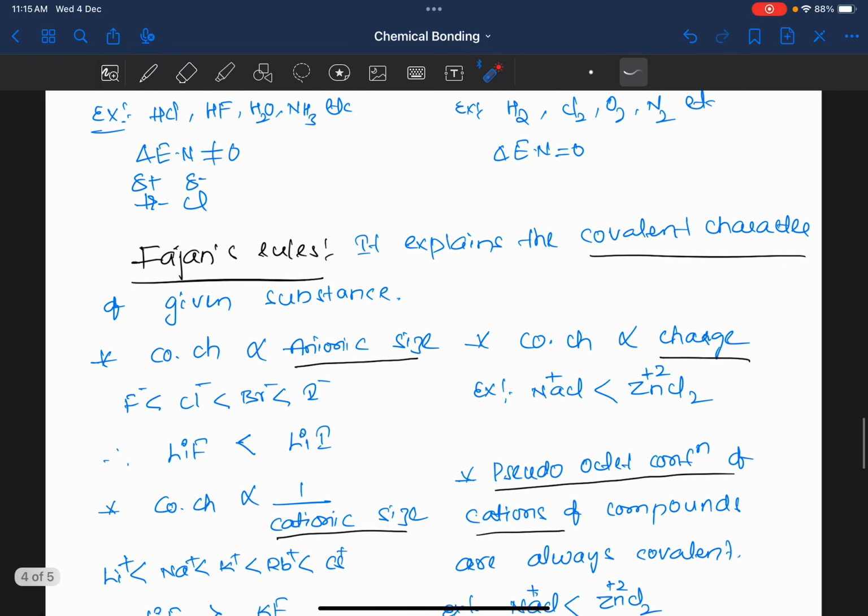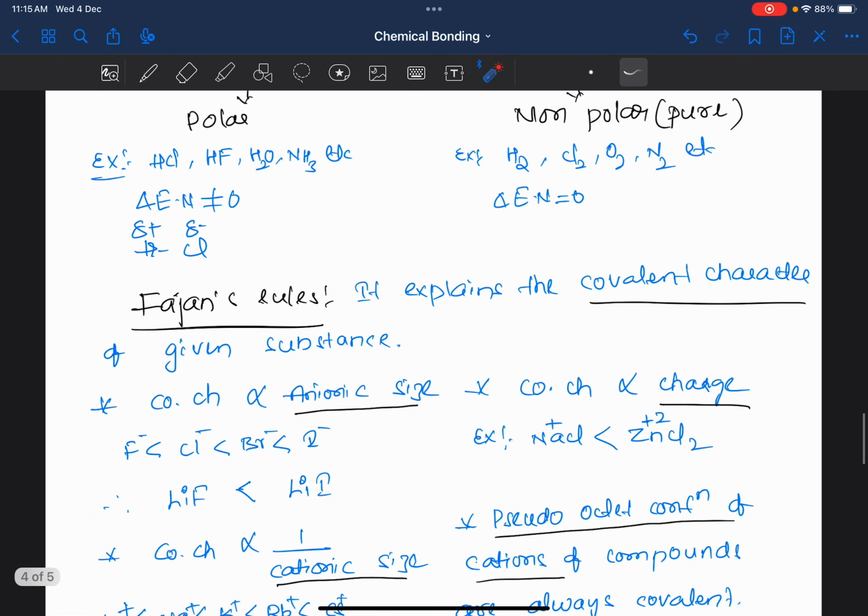So in these chemical compounds, actually, no compound is purely ionic and no compound is purely covalent. Pure means 100%.